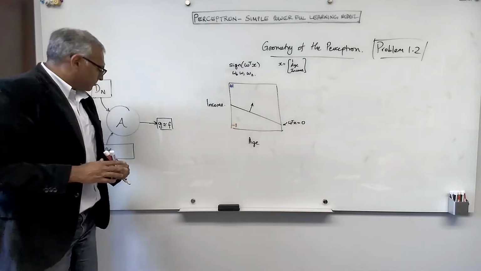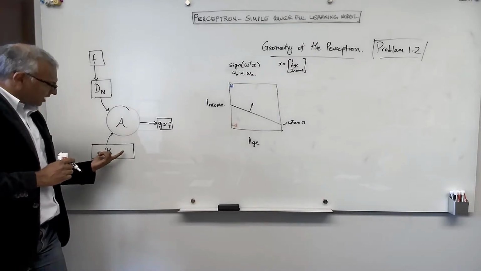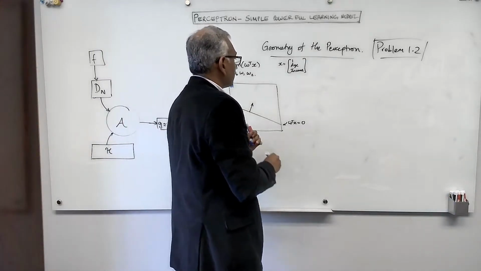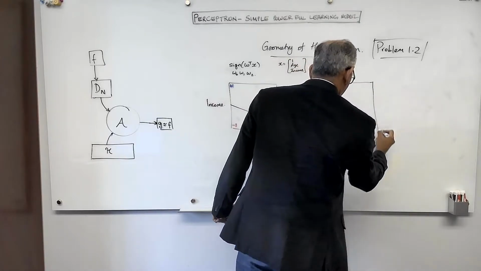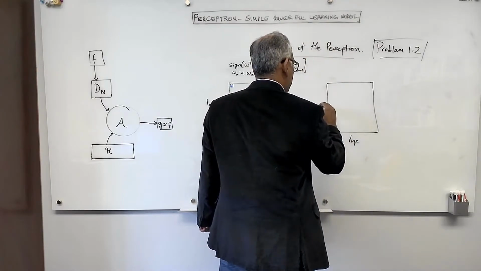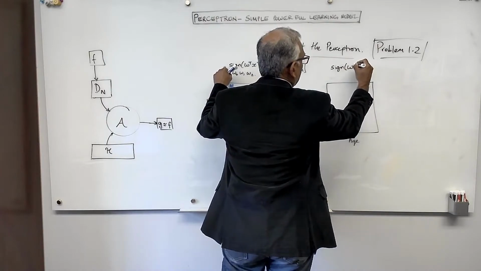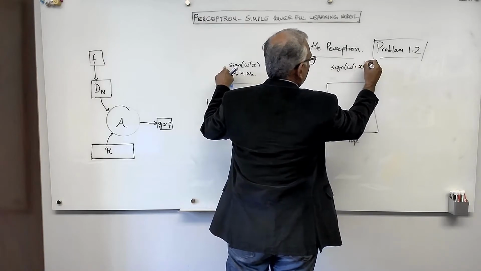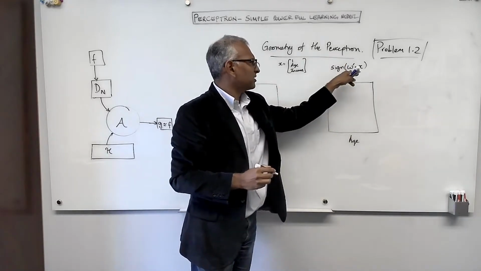Now, I want to consider the criterion on the basis of which we're going to decide which one to pick. So let's consider a second perceptron. If I have another one here, with age and income, this might be sign of W prime dotted into X. I'll use dotted into because it's inconvenient to write the transpose for W prime.